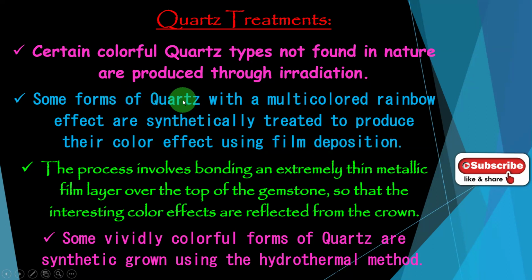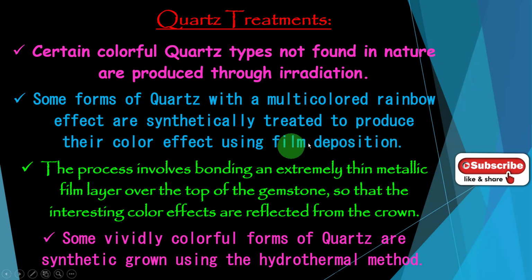So some forms of quartz with the multicolored rainbow effect are synthetically treated to produce their color effect using film deposition. It is the very famous mystic topaz we are discussing under the topaz lesson.